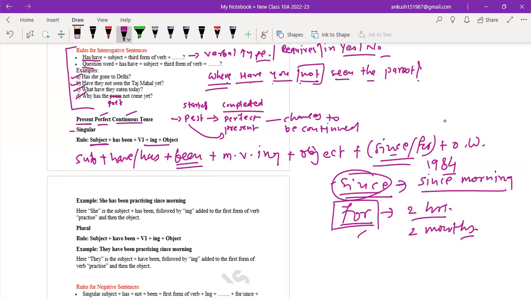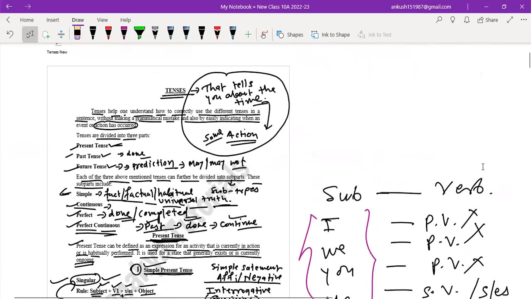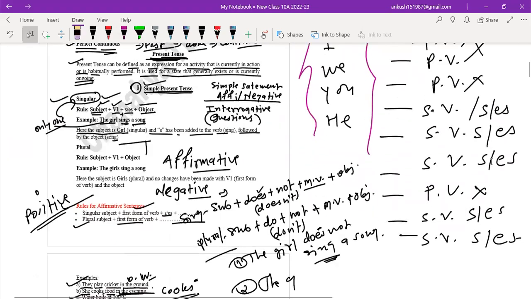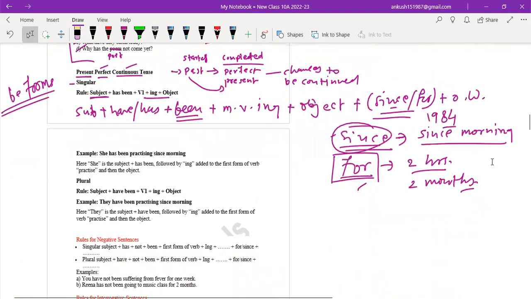Now let us understand why we use been here in this tense. Can you tell me why we use been here? Let us understand the B forms for this. Did we learn the B forms? I think I have not told you. So let us first understand the B forms. B forms are the present form, past form, and perfect form, and also the participle form.